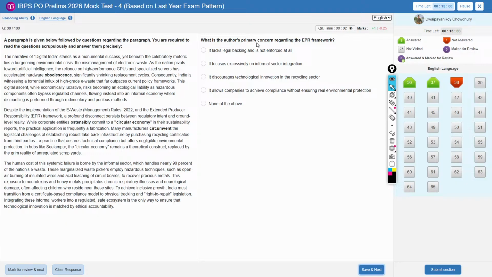What is the author's primary concern? Here, it allows companies to achieve compliance without ensuring real environmental protection. It discourages technical innovation. Focus exclusively. It lacks legal backing. The EPR framework allows companies to achieve compliance without ensuring real environmental protection.